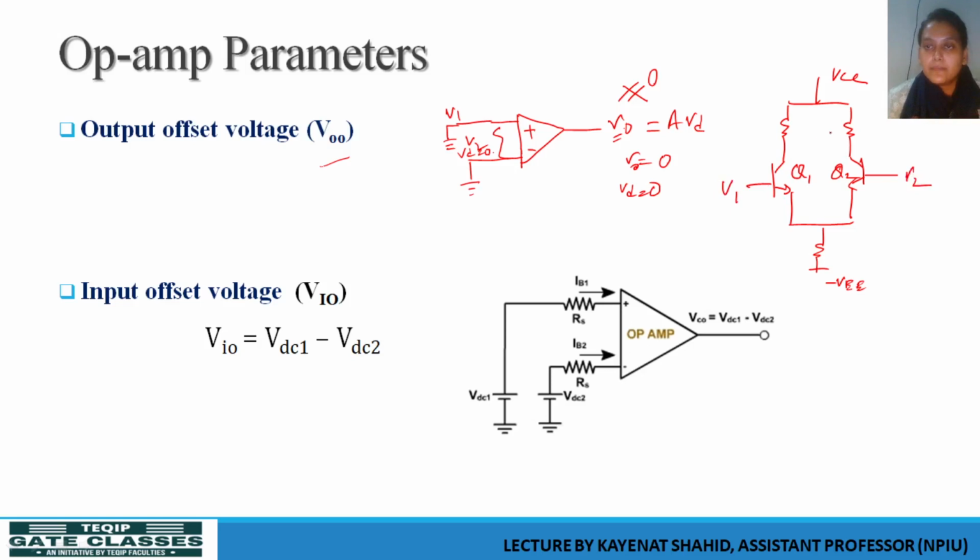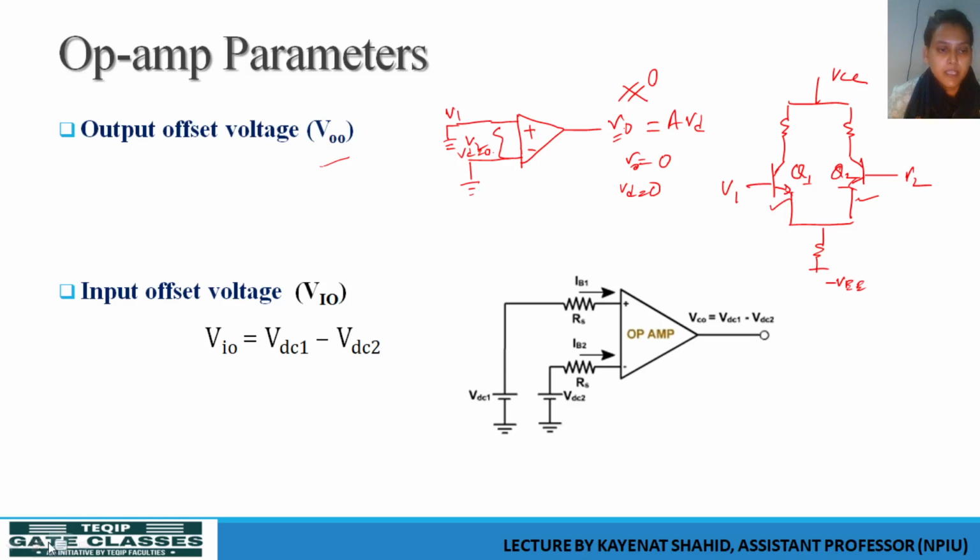We have already discussed the operation of this differential amplifier. What I am trying to say is that for the operational amplifier to work properly, both transistors Q1 and Q2 should be perfectly matched. But for any manufacturer it is not possible to make two transistors equal. So there will be certain differences in the values.